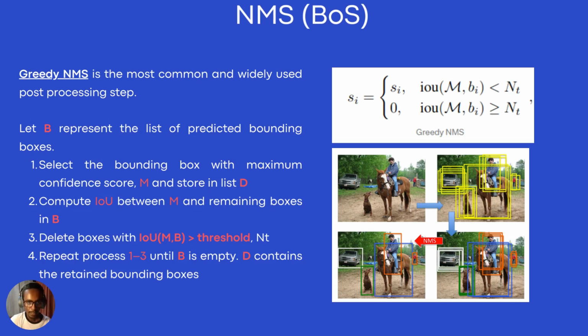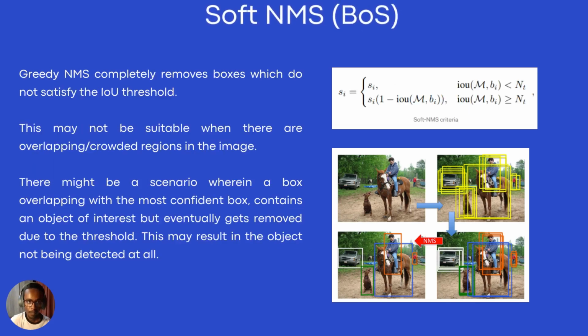So on the formula, we can see the IOU between M and Bi, where M represents the box with the highest confidence score and Bi represents the other bounding boxes. If their IOU is less than the threshold, we save them. And if their IOU is greater than or equal to the IOU threshold, it will be 0. Another type of non-maximum suppression is the soft non-maximum suppression.